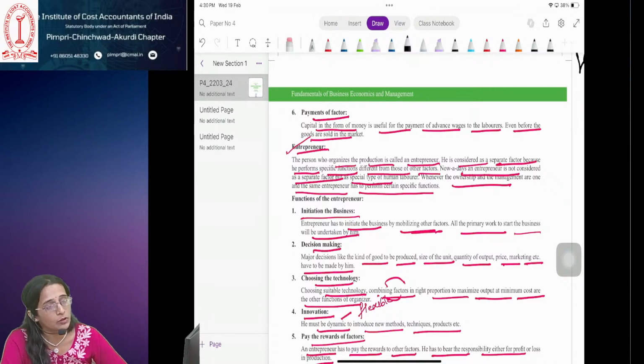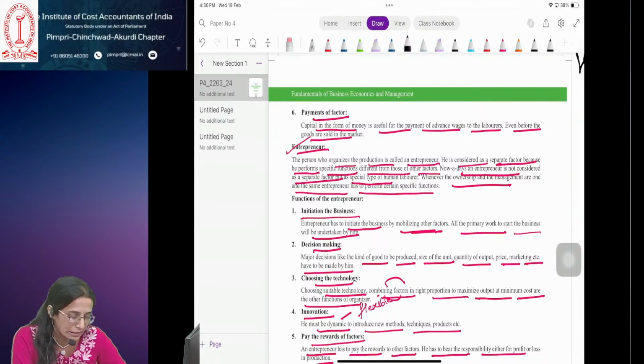If I don't have the money, where will I get it from? No. So all the other factors of production are dependent on what factor? Capital. So the most vital factor is what? The capital. When we have capital, with the help of capital we can employ other factors of production and then convert raw material into finished goods, right?